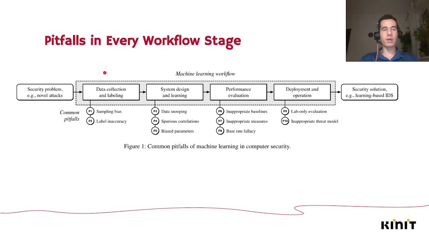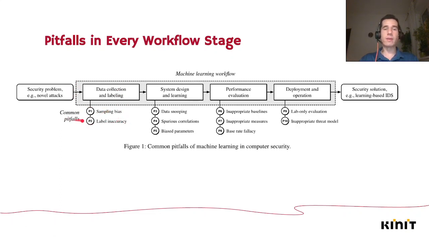At the beginning, we have some problem. In this talk it's a security problem, but this practice applies to basically any other research. So we have a problem. What we need to do is collect the data and label them. In this case, pitfalls such as sampling bias or labeling inaccuracies might happen.